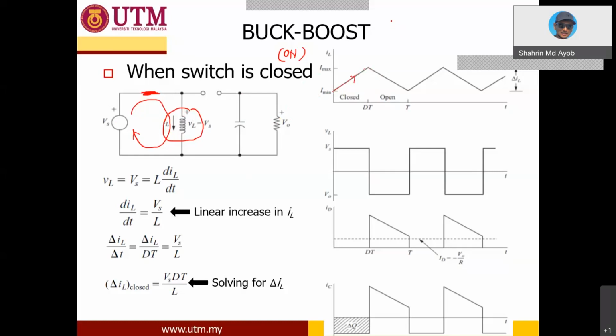The energy inside the inductor is 1 over 2 L I squared. Since the switch is on, the inductor is in charging mode, meaning the energy is increasing, we store the energy.